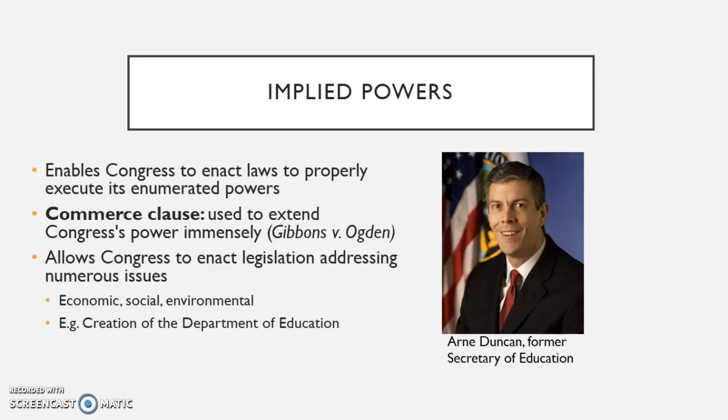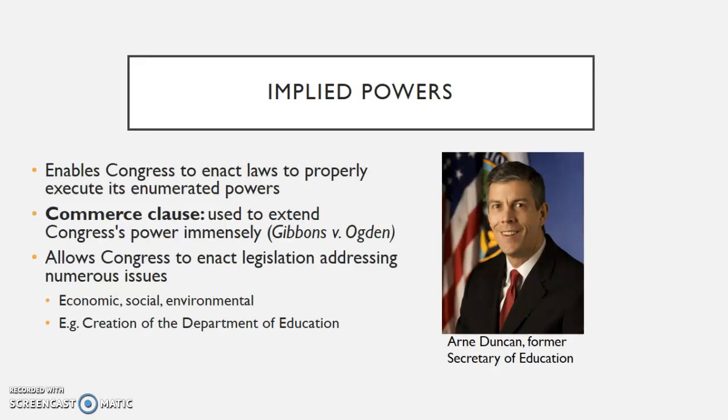Now, as we said before, with the elastic clause being an implied power, this is important because it enables Congress to enact laws to properly execute its enumerated powers. If you recall, the enumerated powers are the ones that are listed in the Constitution. So with the necessary and proper clause, again, the elastic clause, it is able to allow Congress to carry them out.